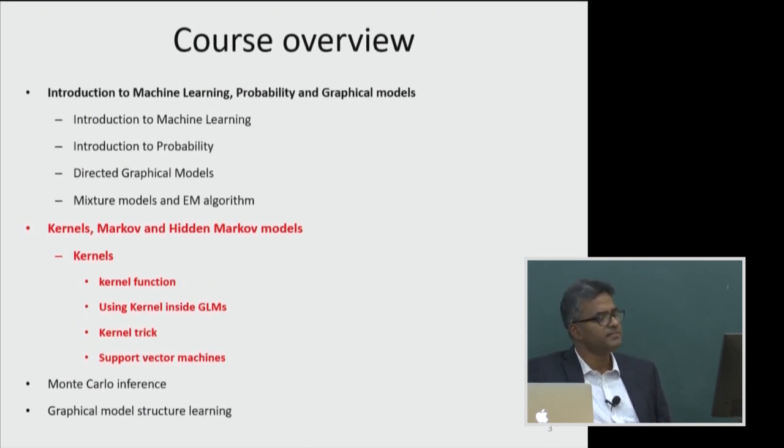Then we considered the different kernel functions. The different kernel functions we have seen are the RBF kernel, the radial basis function kernel. For that, we introduced the RBF function, a function which uses the concept of distance.